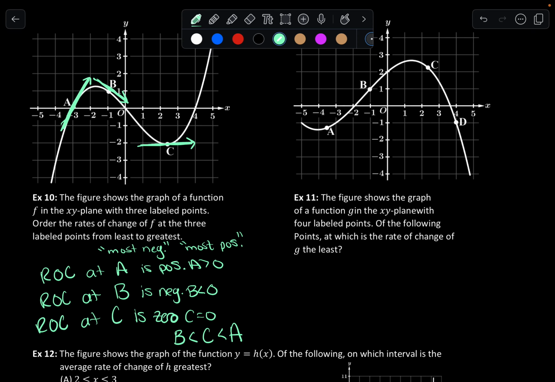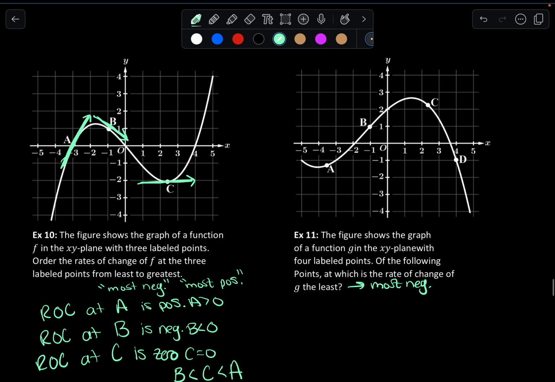The next picture, the figure shows the graph of a function g in the xy plane with 4 labeled points. At which of the following points is the rate of change of g the least? So again, least is going to be most negative. So if we compare the tangent lines at these points, A is going to be positive, B is also positive, C is negative, and D is negative.